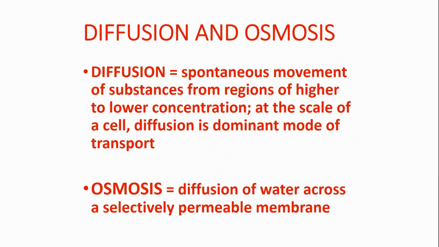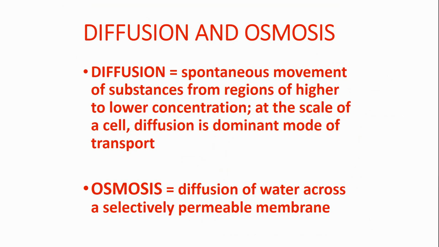And osmosis is diffusion of water across a selectively permeable membrane, whatever membrane is covering that specific organelle. But generally, when we say permeable membrane, we're referring to the cell wall.